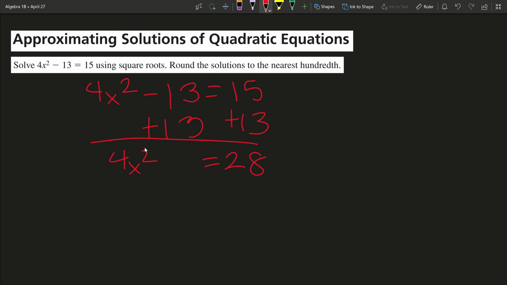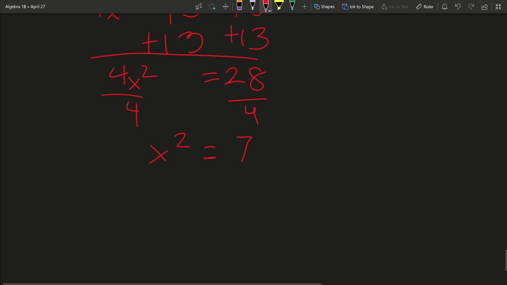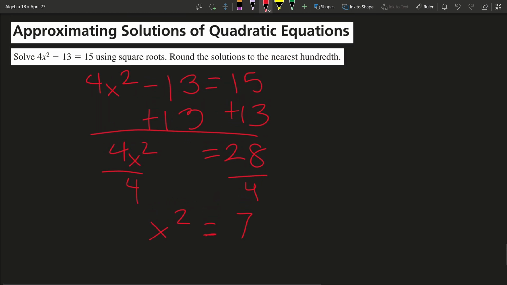And remember, we need to get x squared by itself, which means we need to get rid of a. And in this case, a is 4. So let's get rid of that a by dividing it. So then x squared is equal to 7. And now, let's continue this over here. We need to take the square root, right?